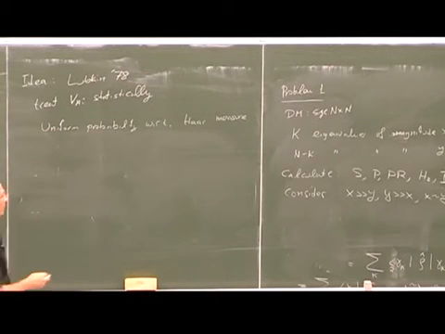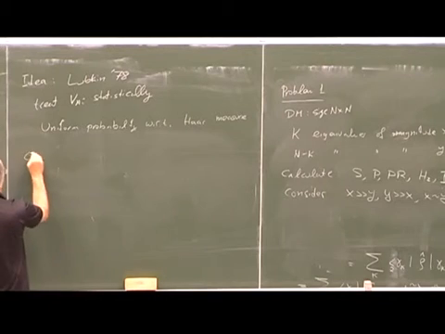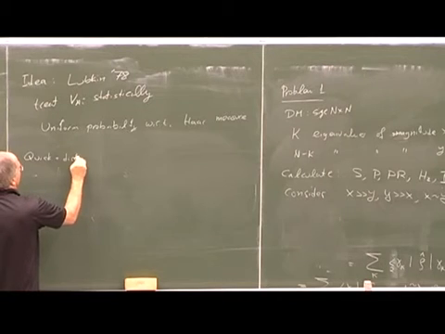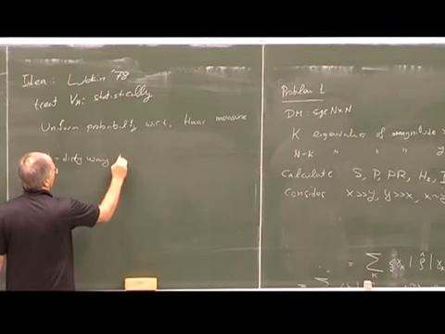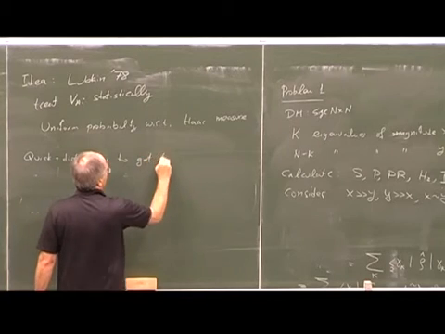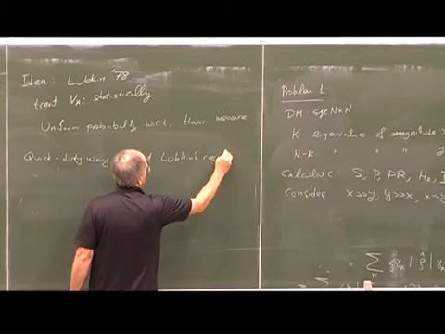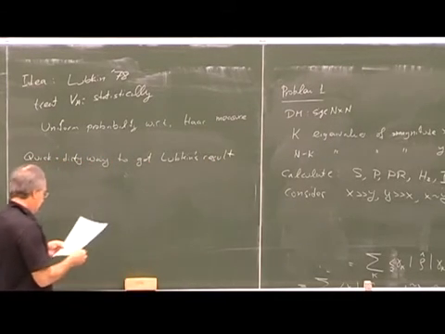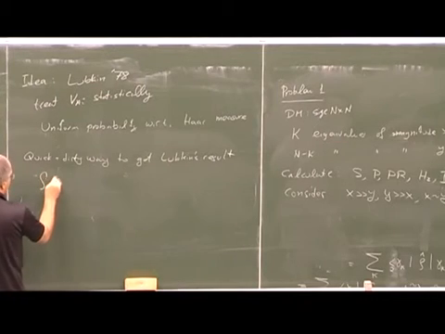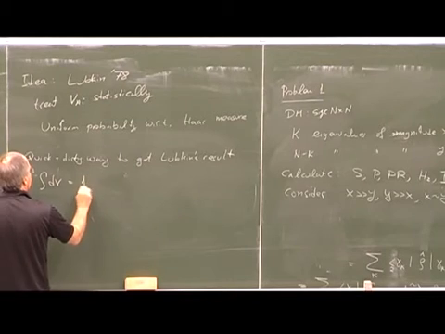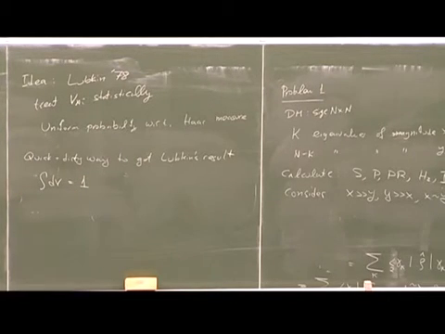And let me present for you a quick and dirty way to reproduce the Lubkin results. So first, when you average over the sphere, you normalize this average to 1.